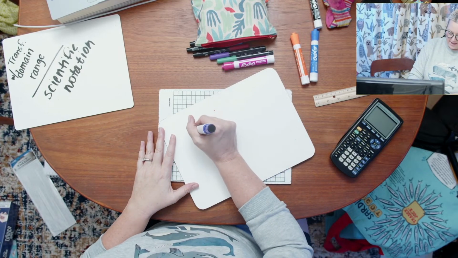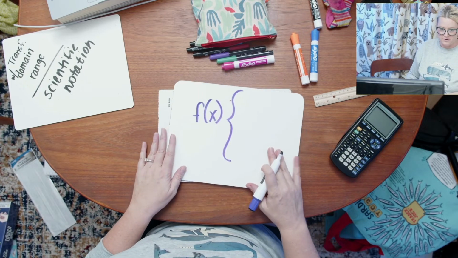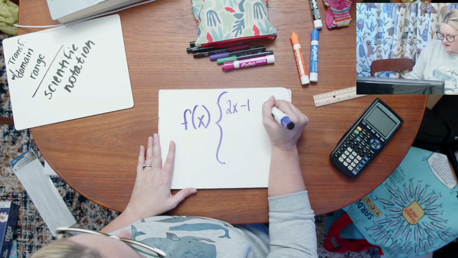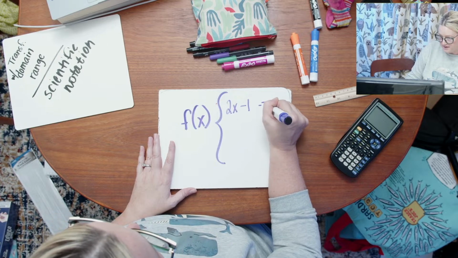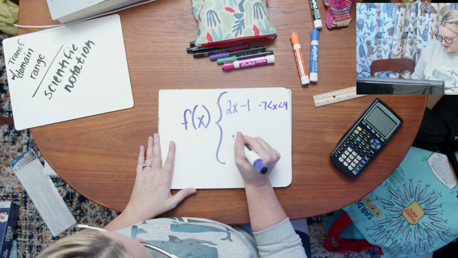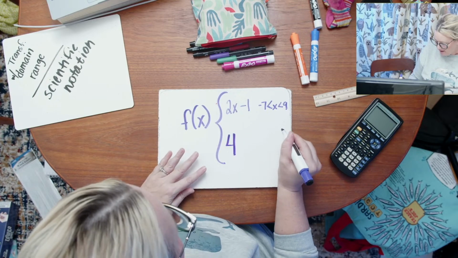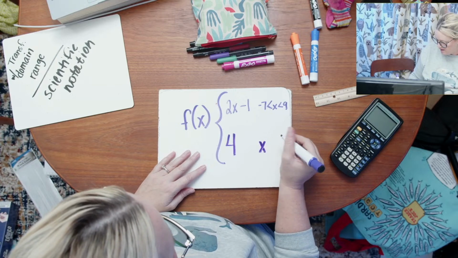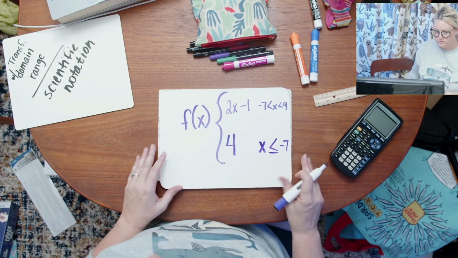So say f of x is 2x minus 1 if -7 is less than x is less than 9. And then maybe f of x is 4 when x is less than or equal to -7.